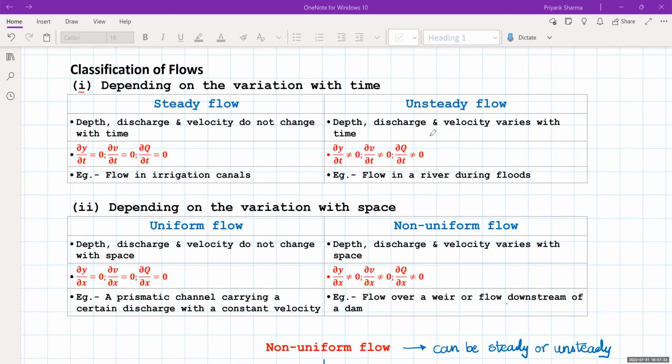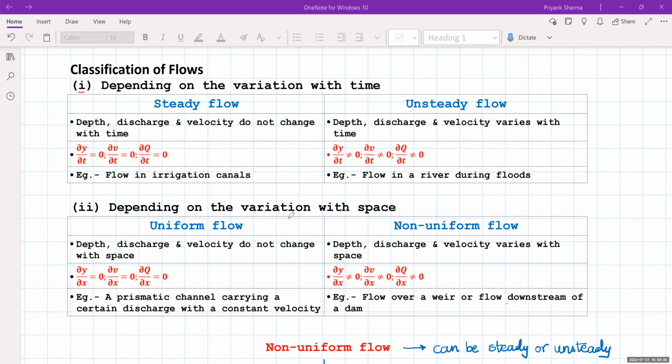Steady flow: you can observe that flow in irrigation canals is usually steady, and flow in a river during floods is unsteady. That is, the depth, discharge and velocity may vary, and usually will vary in case of floods. Now, depending upon the variation in space, and space usually denotes length, because when we talk about one dimension, it is a length. Suppose you are standing at Indore and the river is flowing from Simrol to Indore.